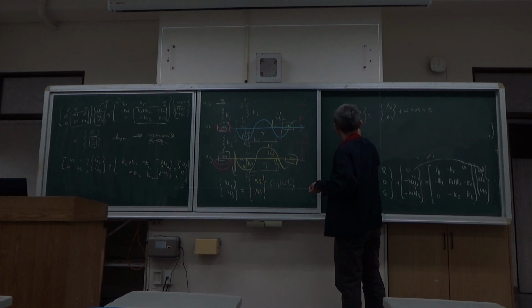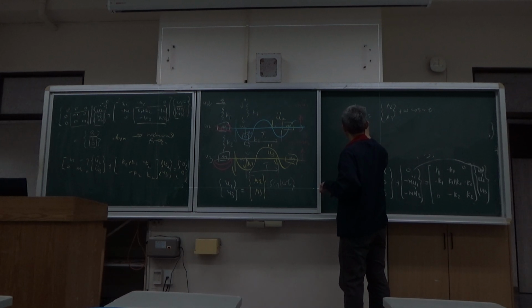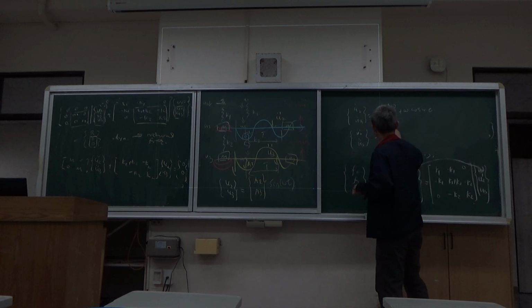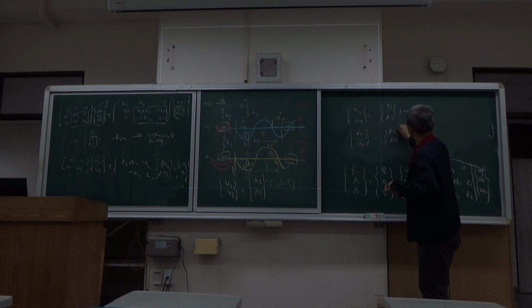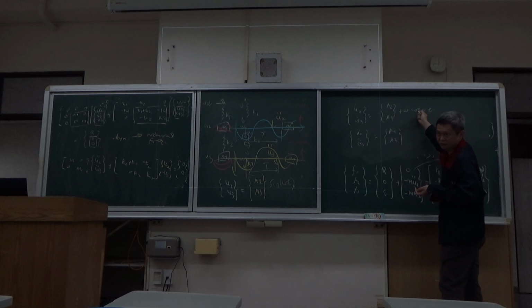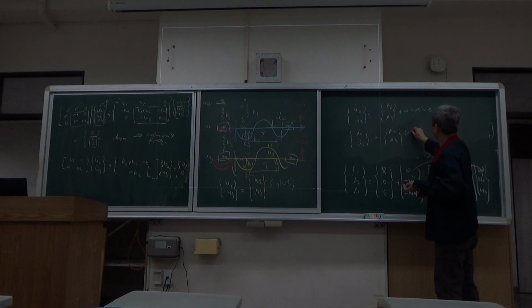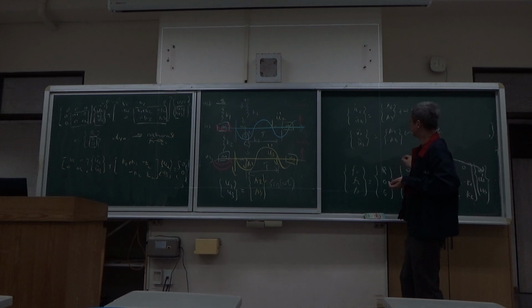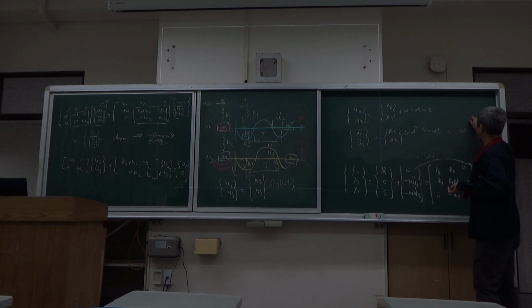If you differentiate again to find the accelerations, the amplitude has no change, but the cosine function becomes minus sine function times omega. So in a way you can say this is minus omega squared times u2, u3.